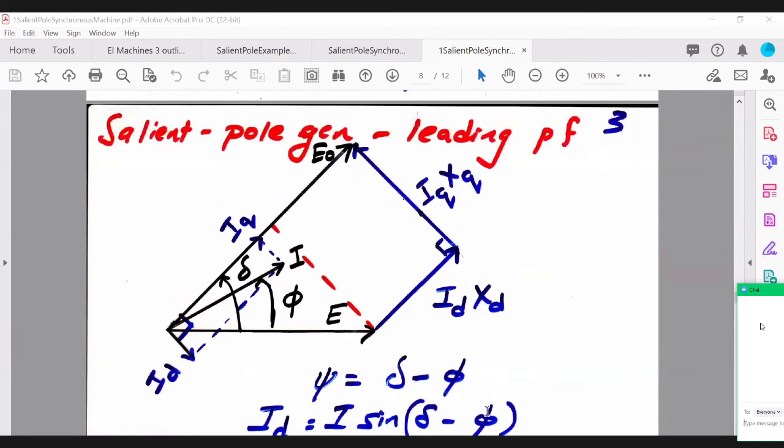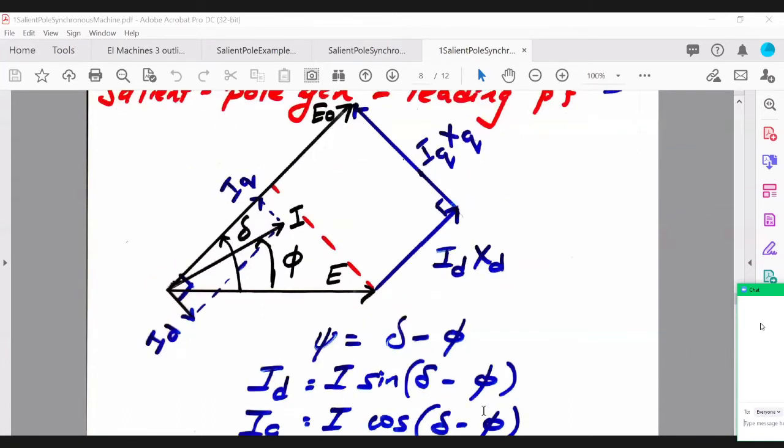So you see, when the generator changes operating point from lagging power factor to leading power factor, the phasor diagram will change and all your equations will change also.